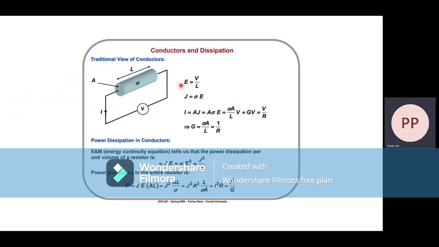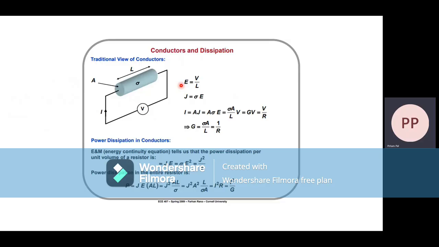The electric field inside, developed because of the applied voltage, is equal to V over L, and the current density is equal to sigma E, from Ohm's law, as you know.